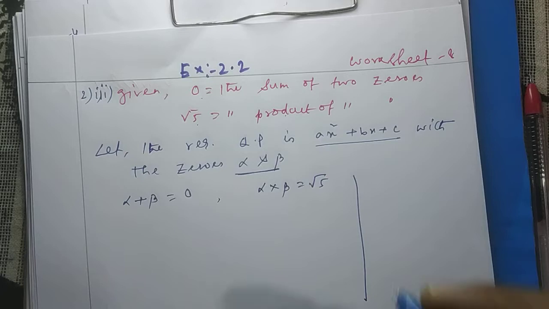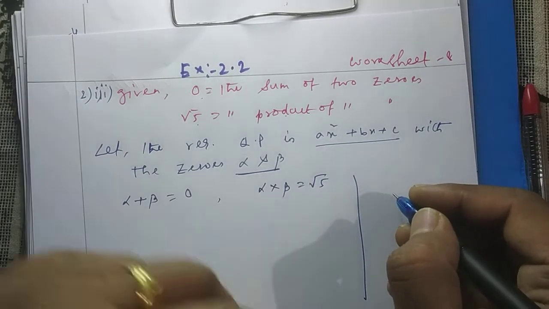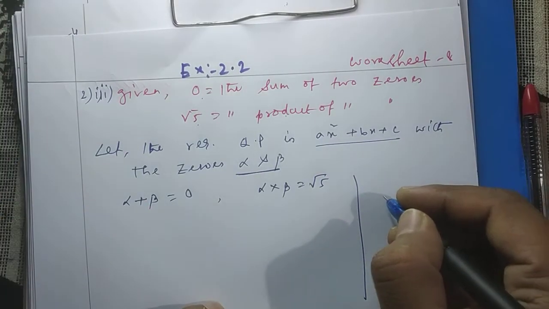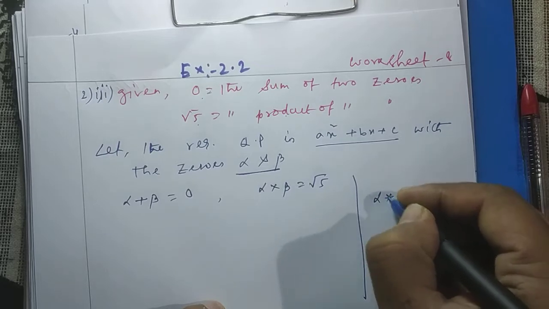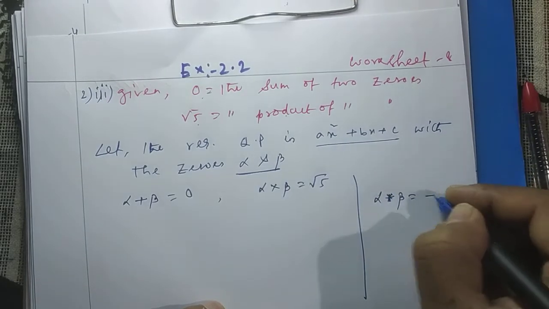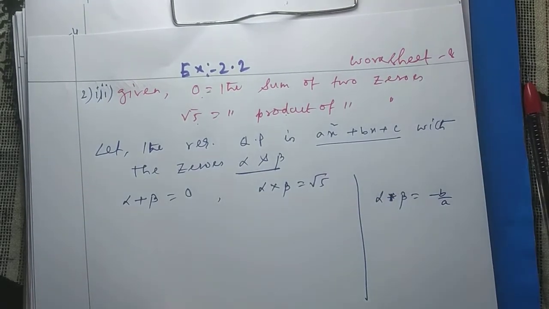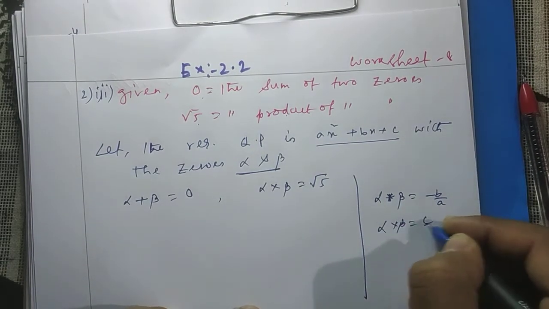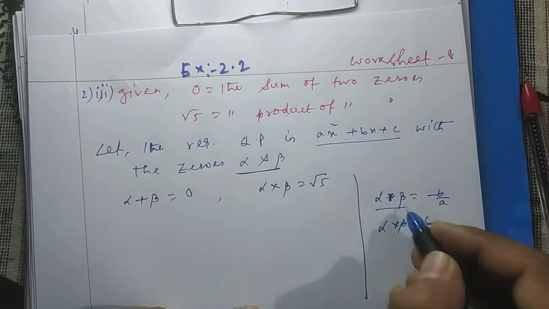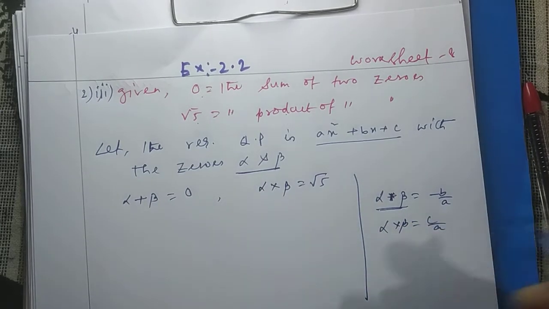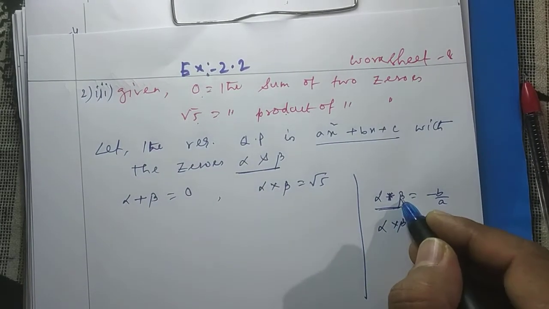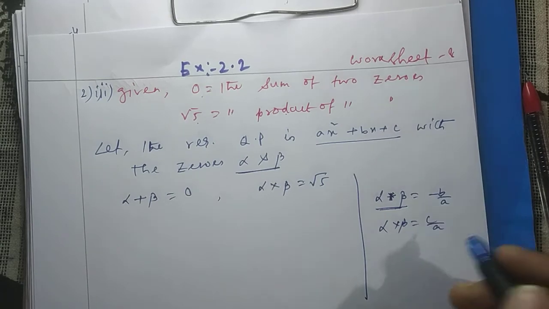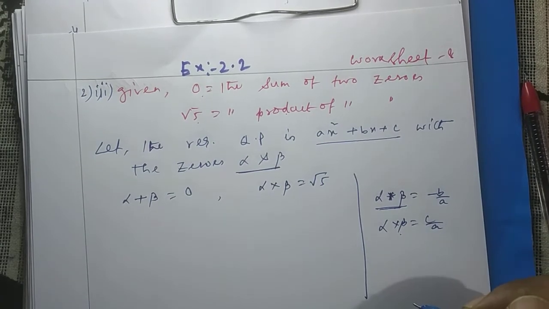And we already learned in the previous video, alpha plus beta equal to minus b by a. Correct? Similarly alpha into beta equal to c by a. We have 2 relations between the zeros and coefficients: alpha plus beta equal to minus b by a and alpha into beta equal to c by a.